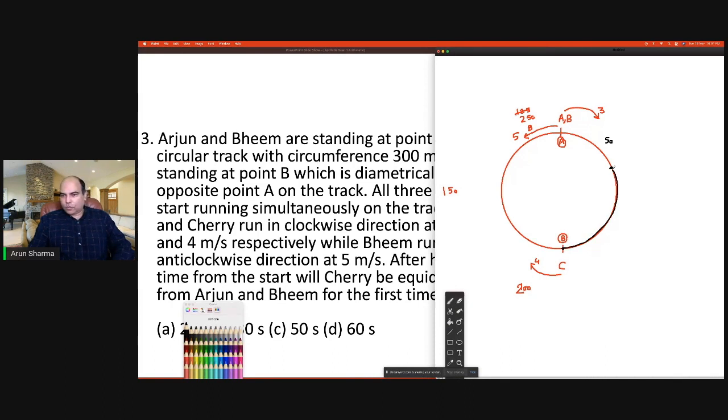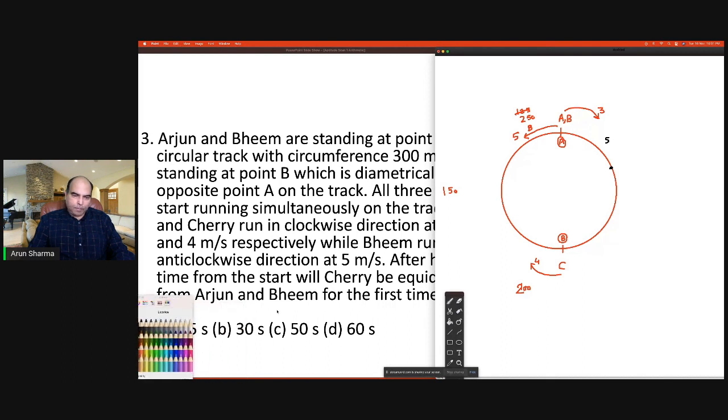So Bhim is also at this point, which means Arjun and Cherry are together. You can easily see that Bhim is not at the same point, so they are not equidistant. So 50 is not the right solution here.